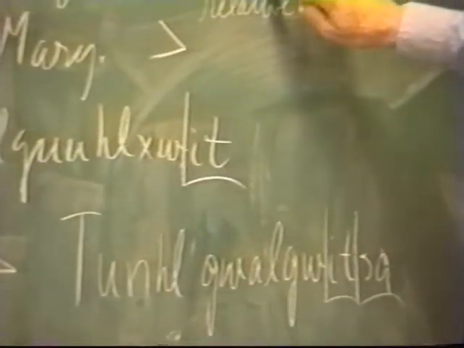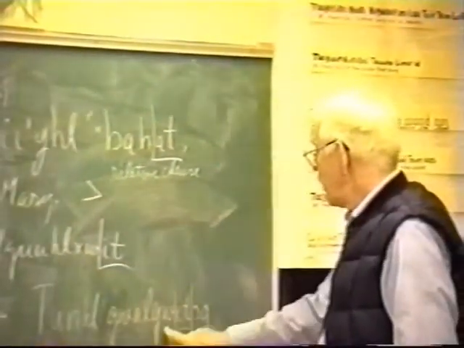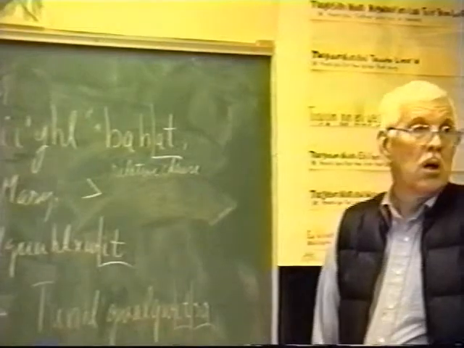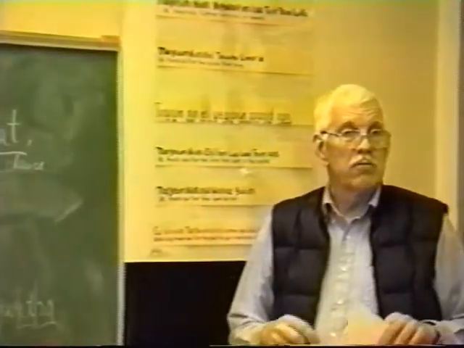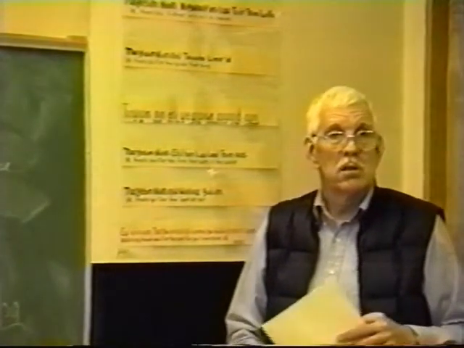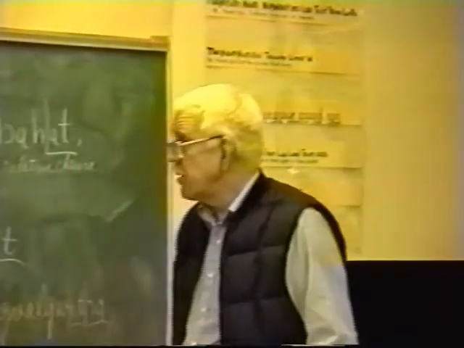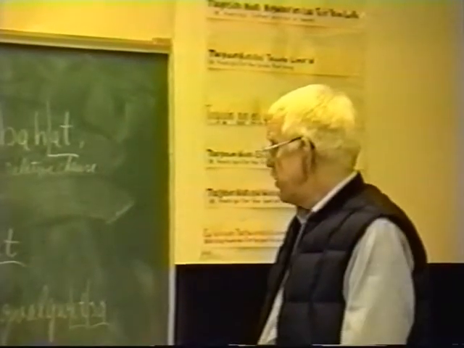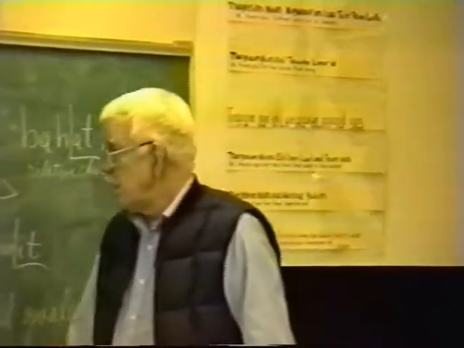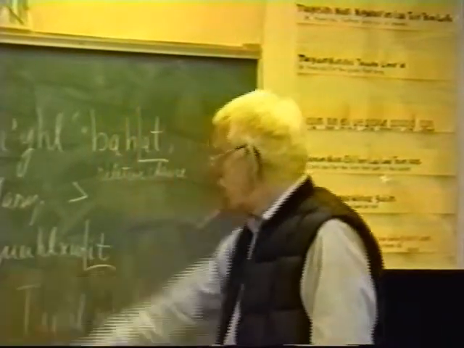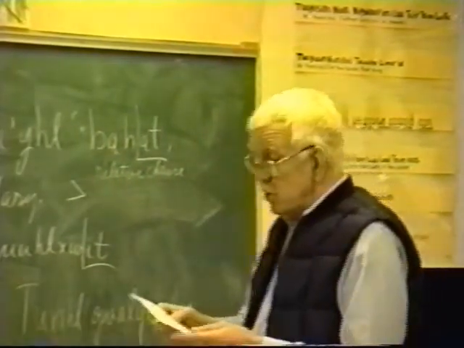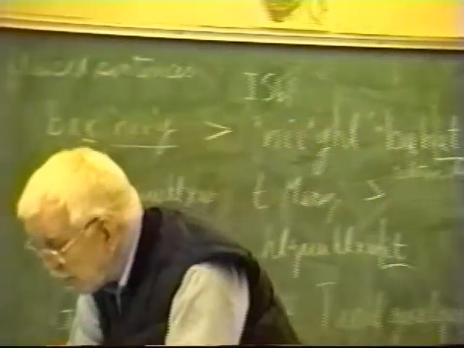These forms like bahat and skushwit and gualgwit are what are called intransitive relative clauses, and they're used in focusing intransitive subjects, but you use them all the time in the language.